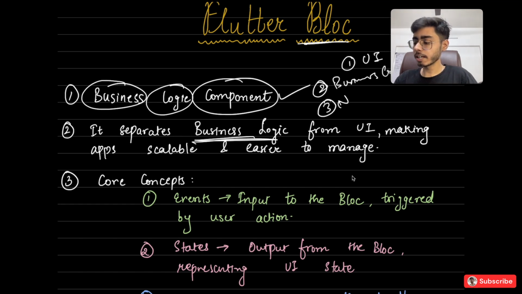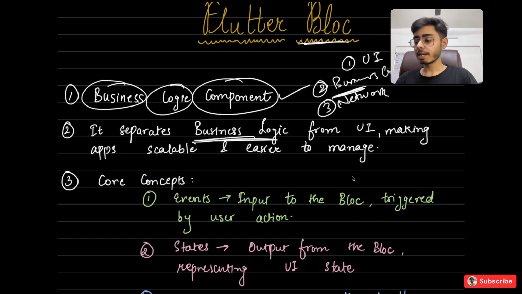Then third is your network component, where your API services, network calls, database calls, or server calls are all written. So we have three main components: UI component, business component, network component. I'm not talking about Bloc yet, just the business component in general. In general, the business component sits between the UI and the network component. I'll show an example.